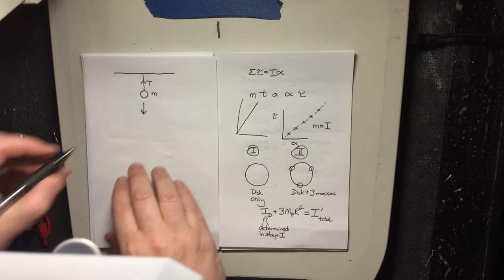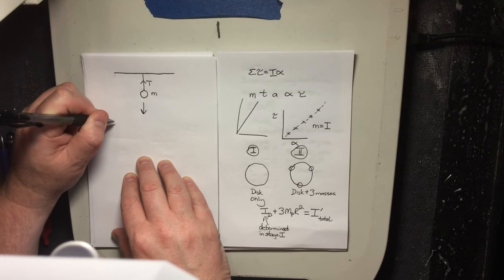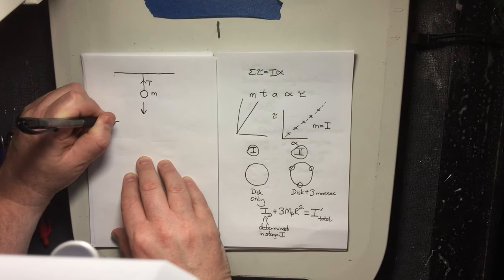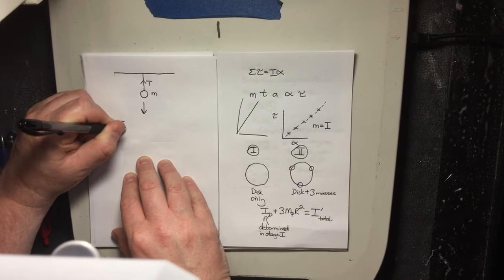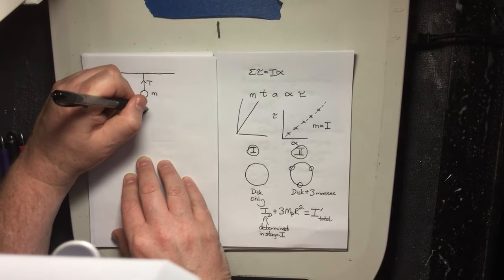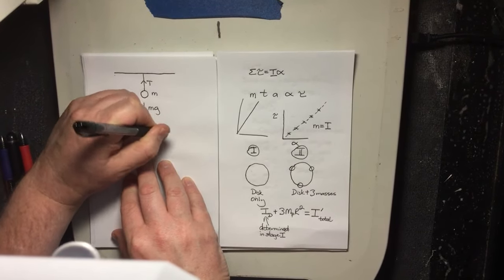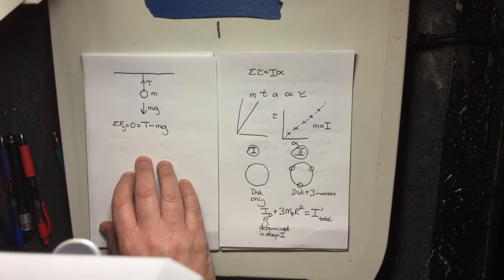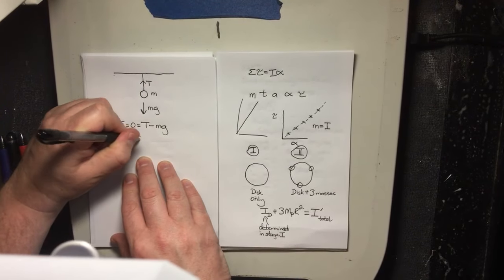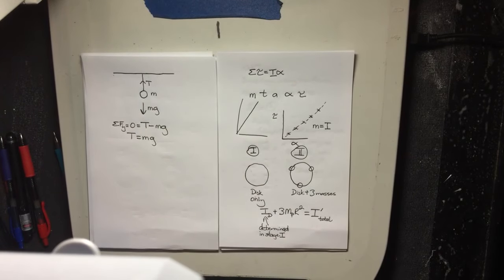Prove it. And you would say, well, is it moving? And I'd go, no. You say, fine, the sum of the forces vertically is equal to 0. There are only two forces acting on this, T minus mg. So the tension is equal to mg. We've done that before, and it just makes sense.